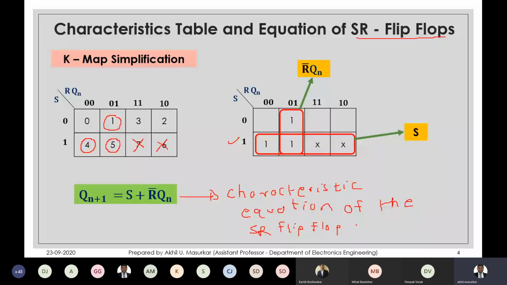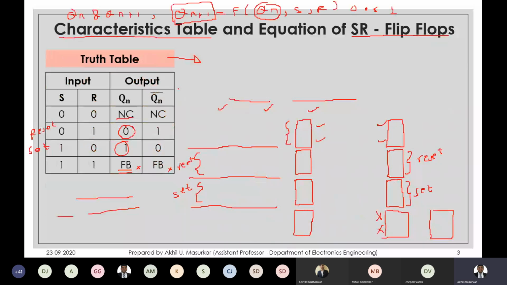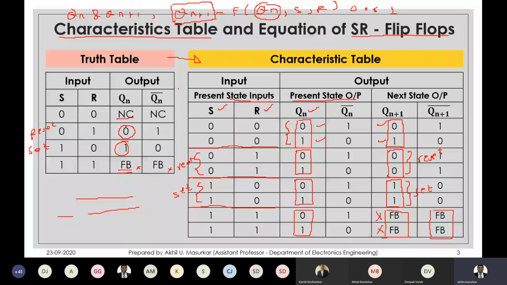So see the characteristic table to fill this K map. Look at the column of Qn plus 1. I'll just go back if you want. Here Qn plus 1 is 1 in this place, then this and this, and there are two don't cares.